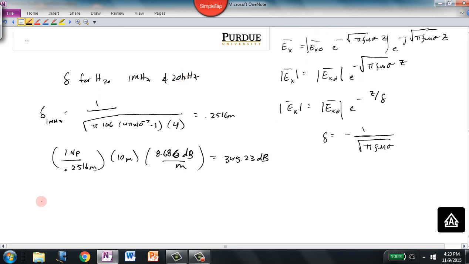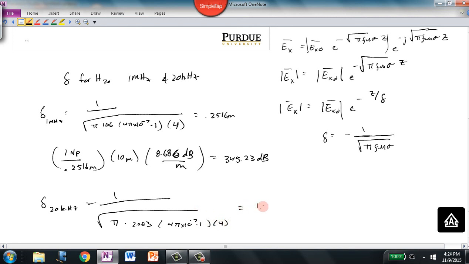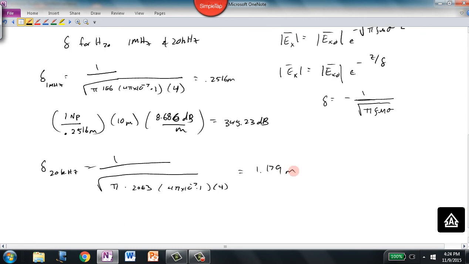What about at 20 kilohertz? Well, the skin depth at 20 kilohertz is going to be 1 over root, everything's going to be the same except this frequency, pi times 20 e to the third. And you do that and you get a much deeper skin depth, 1.179 meters.